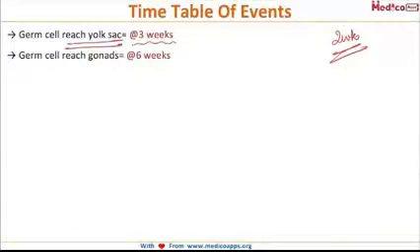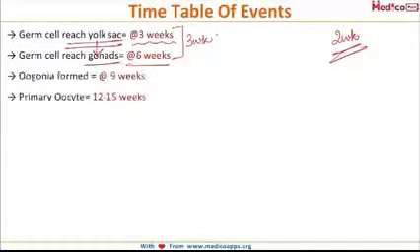After this, these germ cells have to migrate to their ultimate location, the gonads. Although this migration starts at the 4th week, it is completed by 6 weeks. So you can see the difference is 3 weeks: the germ cells reach the yolk sac at 3 weeks and they reach the gonads at 6 weeks.